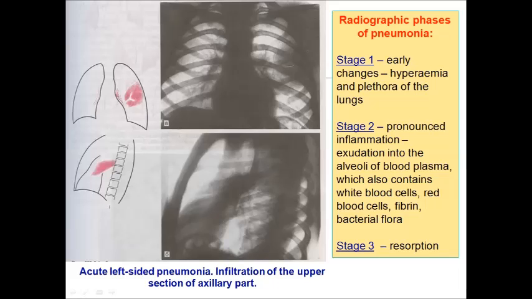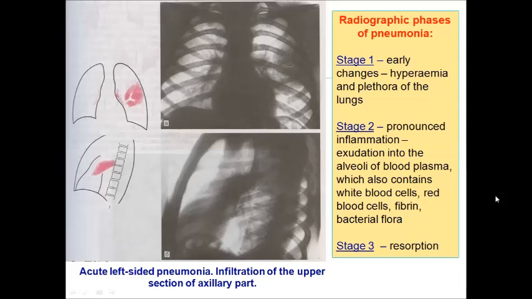Stage 2, pronounced inflammation, exudation into alveoli of blood plasma, which also contains white blood cells, red blood cells, fibrin, and bacterial flora. And so induration of the lung tissue of alveoli happens.